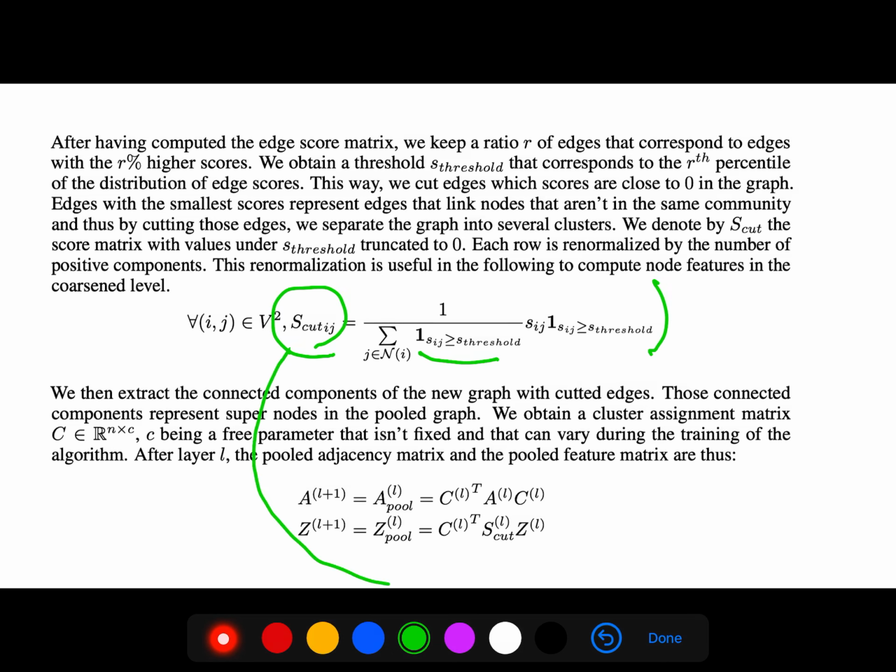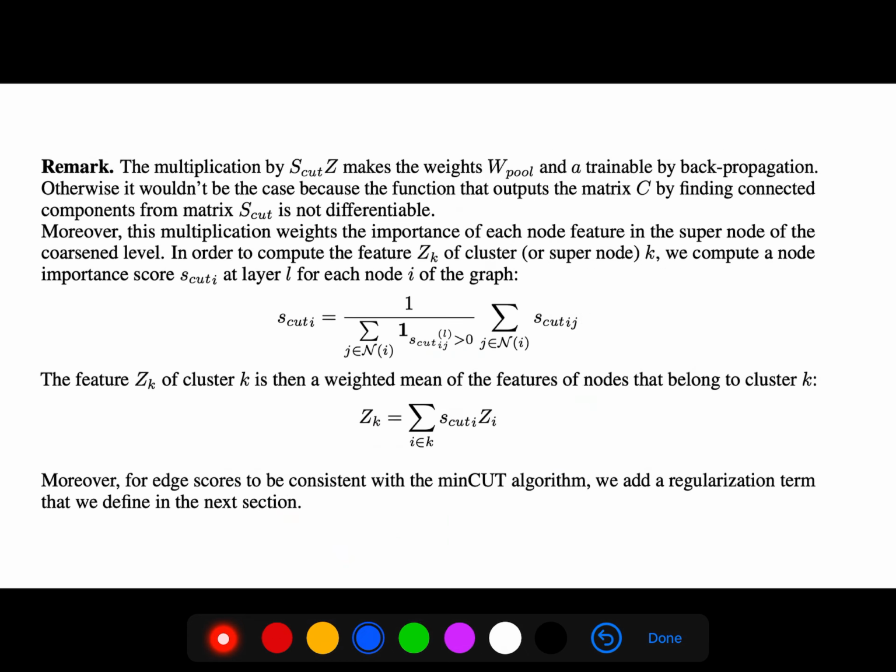Because once you get this, you can update your features, and also your adjacency, you can update it using this. And notice that this one is created by the result. You just put the numbers inside after you do merging.